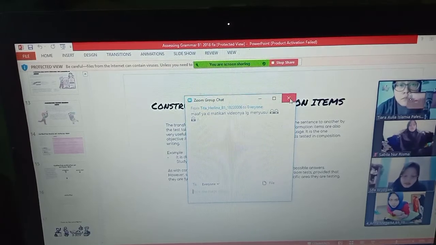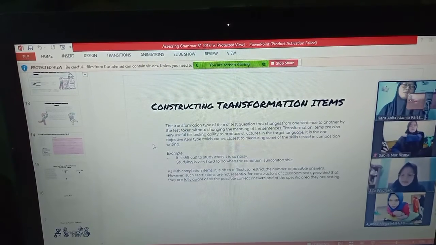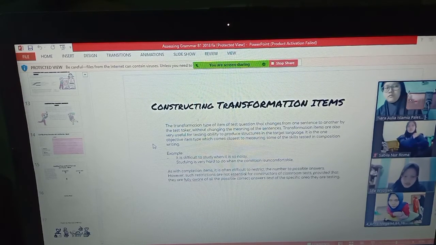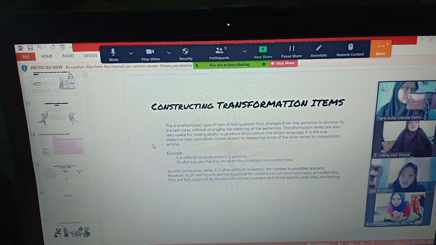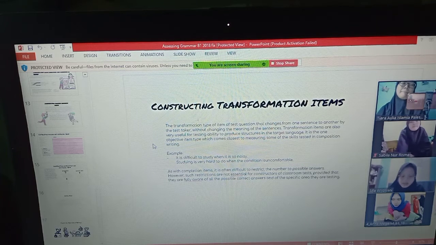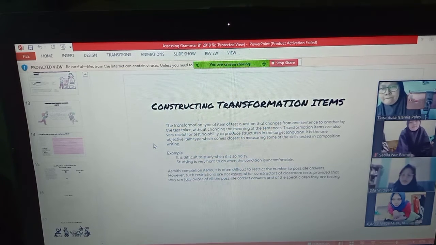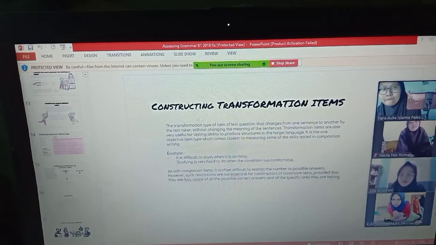Mengenai penyelesaiannya, seringkali sulit membatasi jumlah jawaban yang mungkin. Namun, pembatasan seperti itu tidak penting bagi pengajar di kelas atau guru di kelas, asalkan mereka sepenuhnya menyadari semua kemungkinan jawaban yang benar dan spesifik yang guru uji.